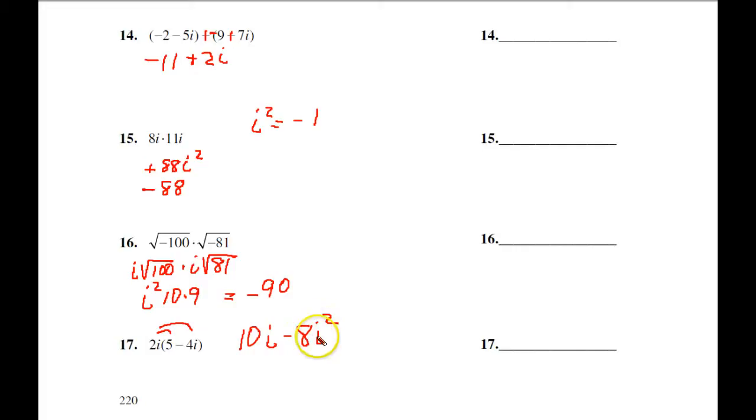But we said i squared is negative 1. So this becomes a positive 8 plus 10i. Now why did I switch the order? Well, because of the way to write complex numbers in the form a plus bi. Now, on a paper test I would have taken it the other way, but MyMathLab is going to be critical. You have to put it in standard form.